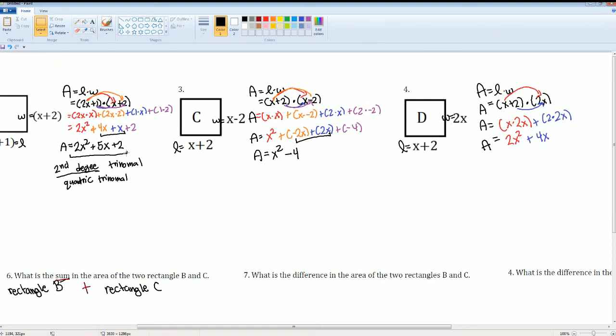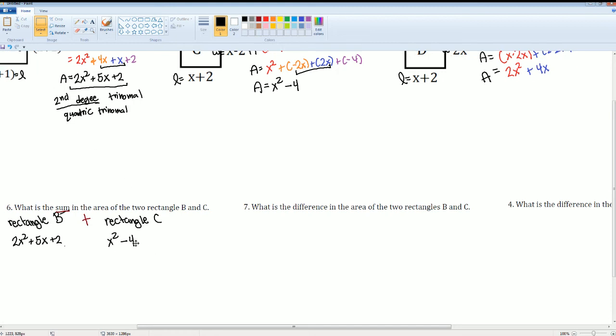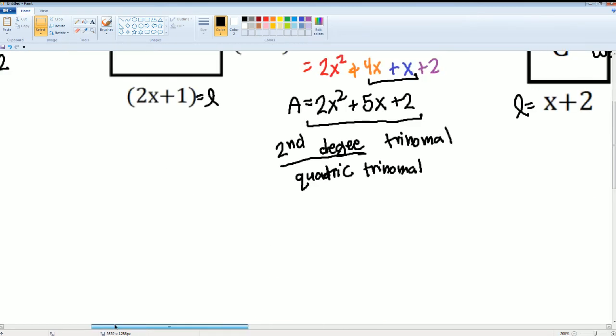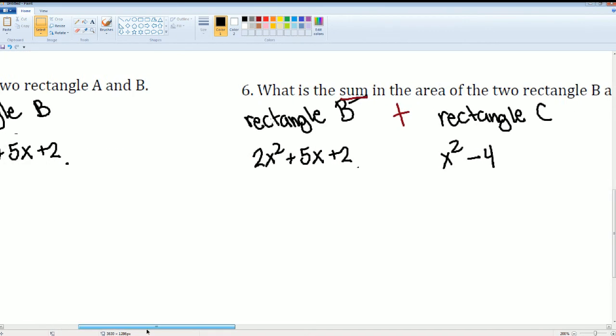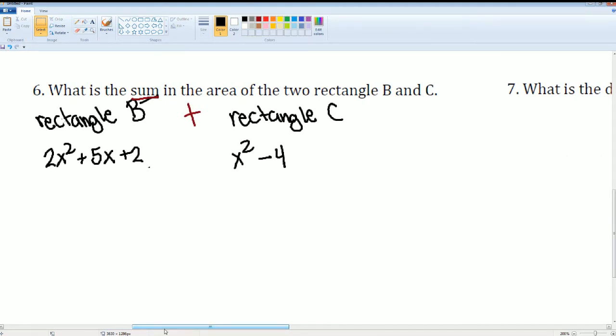Okay, so let's just grab it from the problem. So B was this, our quadratic trinomial. Beautiful. And then we need rectangle C, which is just this. Right? Okay, now we're going to add these two together and see what happens. It should look like this when it's simplified.